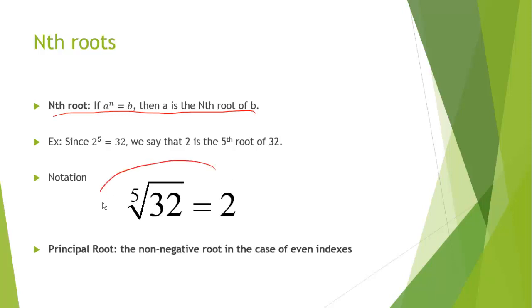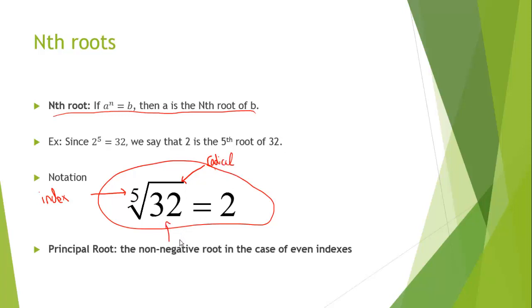And the way we write this is right here. And this should be pretty familiar to you. Let me just remind you of some different parts of this notation. The 5 is referred to as the index, because it's telling us we're taking the 5th root. The actual symbol here is not a division sign, but it is referred to as a radical.